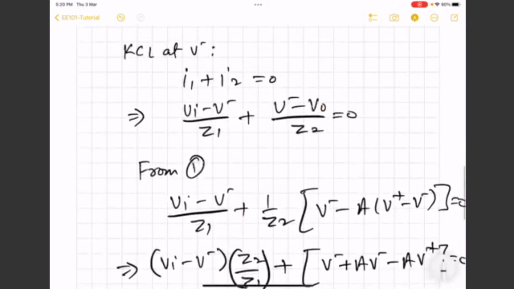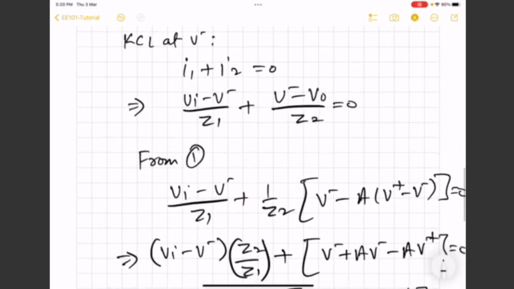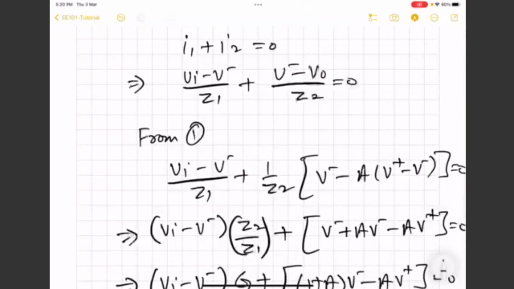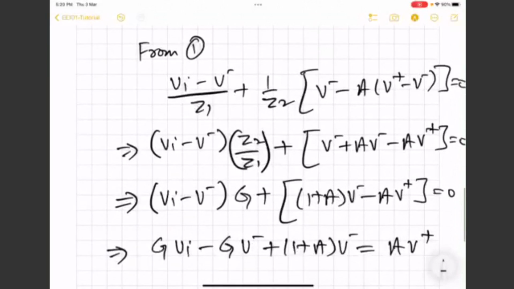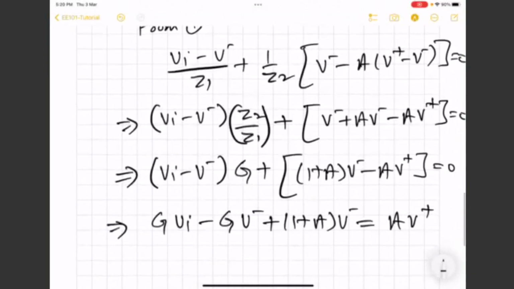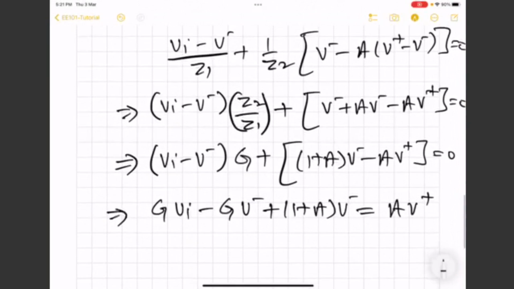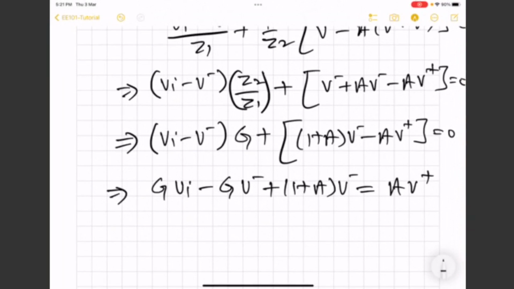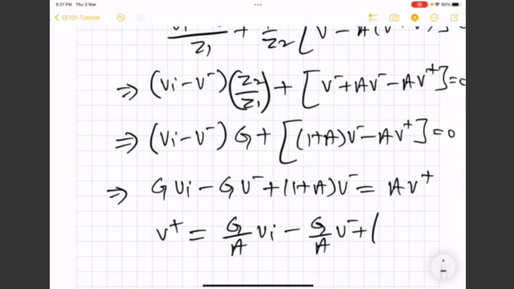So we can write V plus as G by A Vi minus G by A V minus plus 1 by A plus 1 V minus.